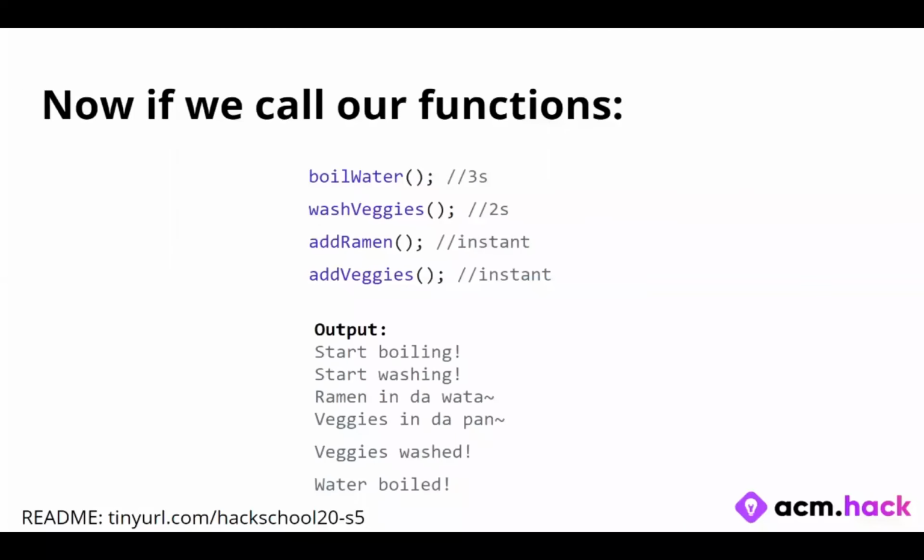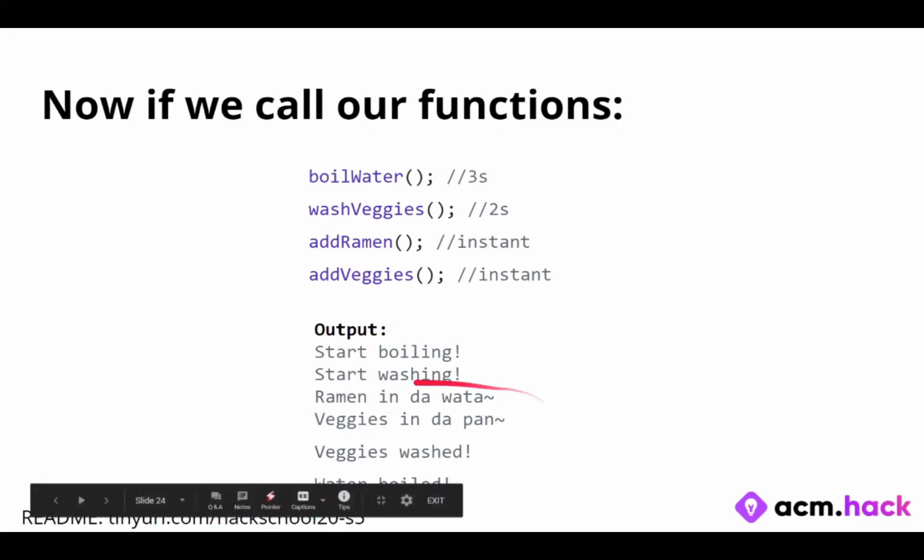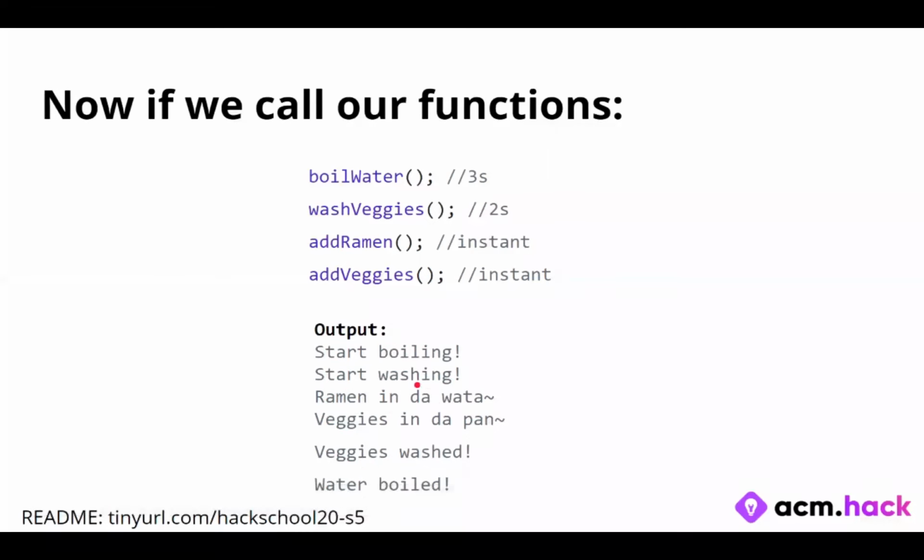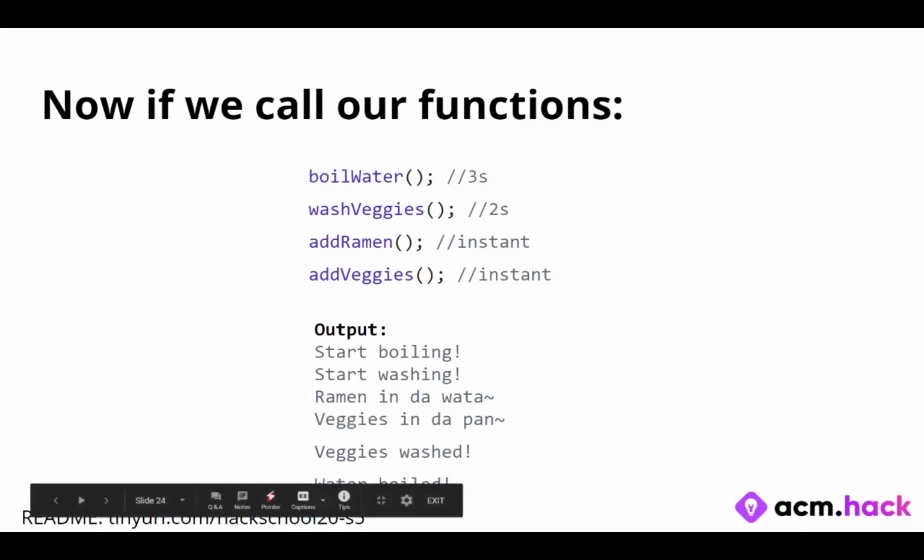So we started boiling, and then we started washing, and then we put our ramen in the water, and then our veggies in the pan, and then our veggies have finished washing, and then our water is boiled. Does anyone see a big problem with this logically? Okay.